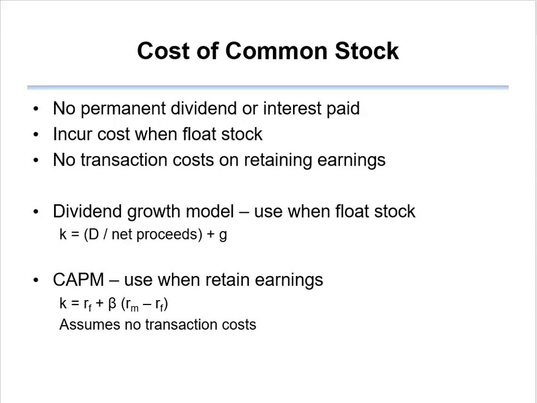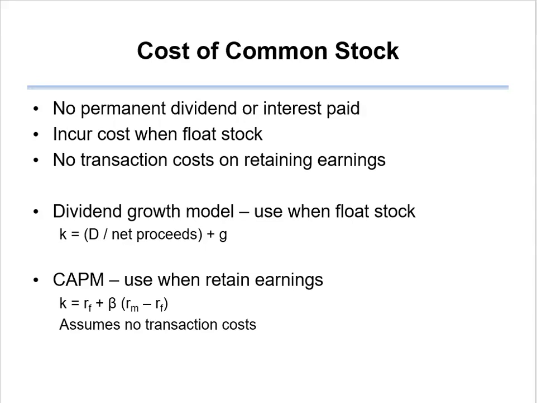Now, when we look at equities on the balance sheet, you'll recall that there's both common stock and retained earnings. Retained earnings are the profits, you'll remember from financial accounting, that are plowed back into the business. And the owners are entitled to them. They're part of the equity of the business.